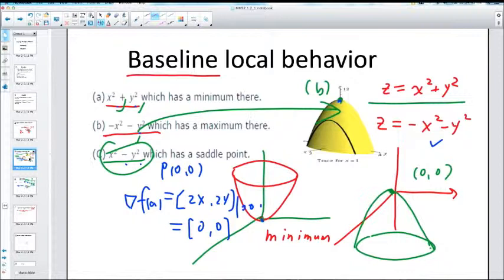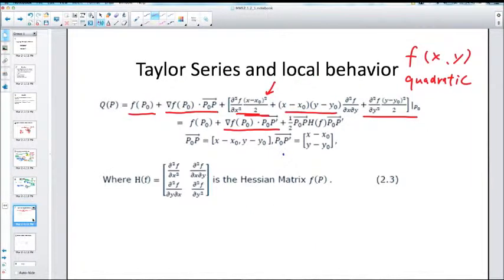So local behavior, if you look close enough to the point P0, or in other words, x is not far away from x0, y is not far away from y0, you look closer, and the behavior of this quadratic term must be one of the three baseline.